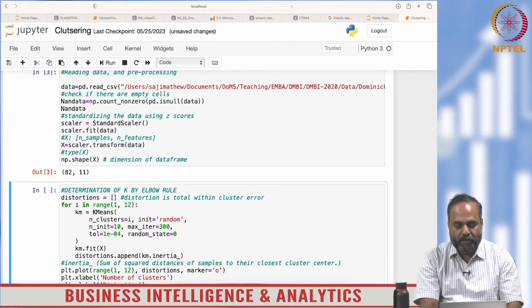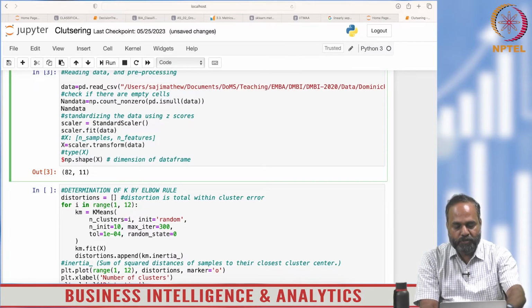So, this is an 82 by 11 pandas data frame, or a table with 82 records and 11 columns.